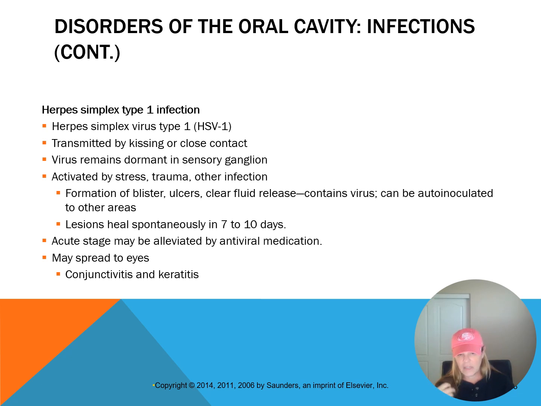So it doesn't go away. You'll always have it. Antiviral medication can help. Some people say that they can feel it coming on, so they start taking their antiviral medication, and then it will heal quickly or prevent the actual eruption of the blisters.